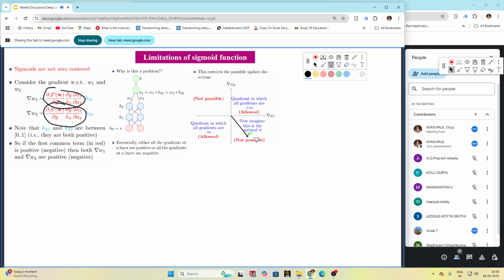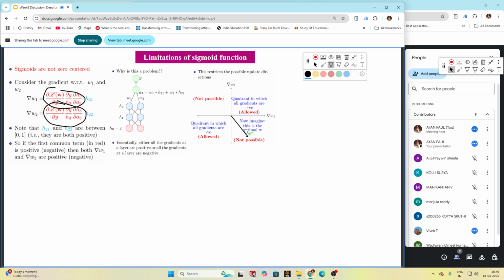Whenever we have to reach from one point to another, our weight can only take the first quadrant and the third quadrant. It cannot take the second or fourth quadrant. So this is again a problem of this sigmoid function, that it is not zero centered.